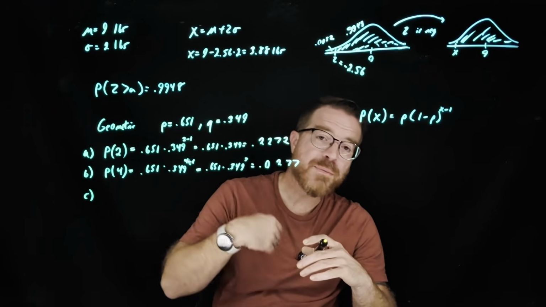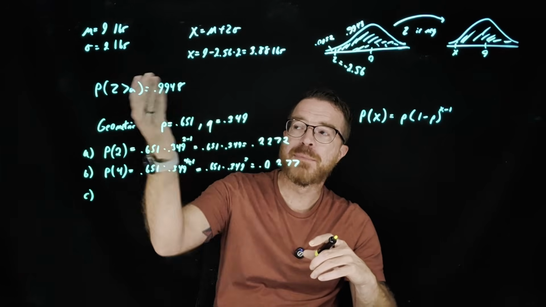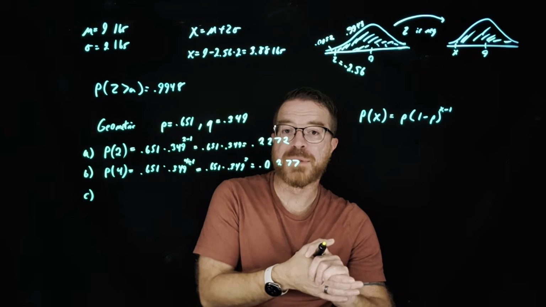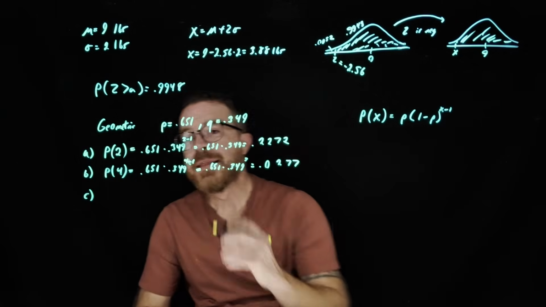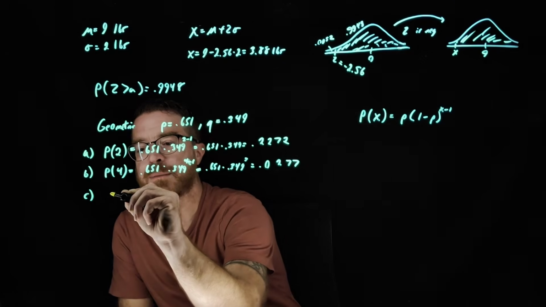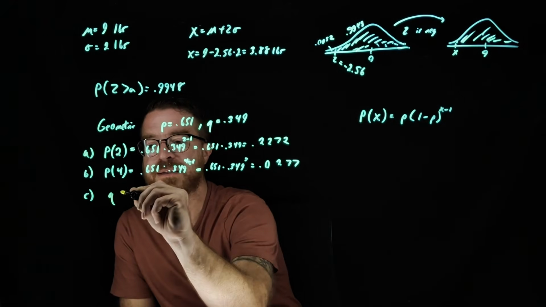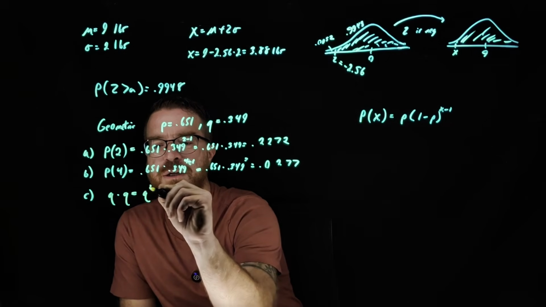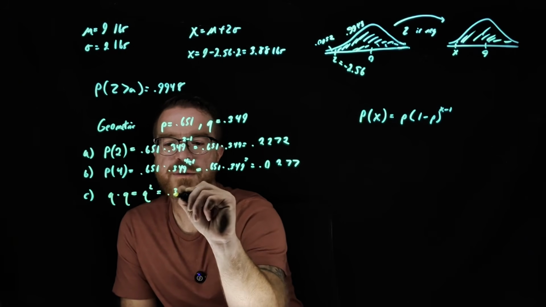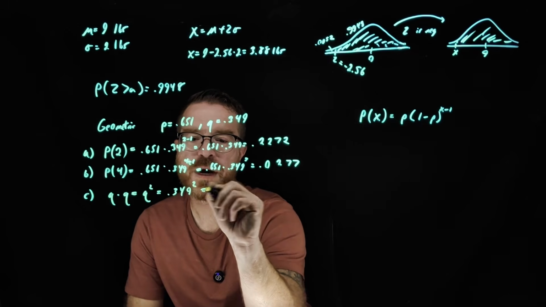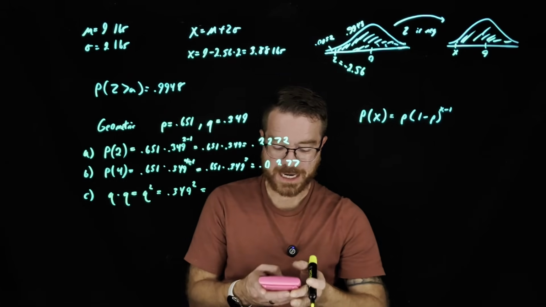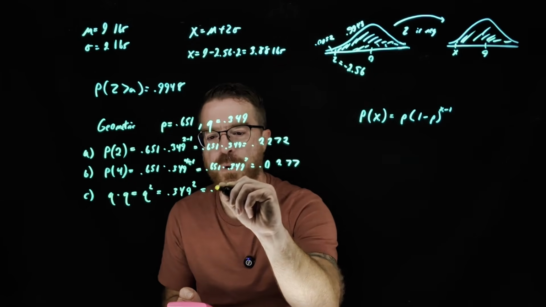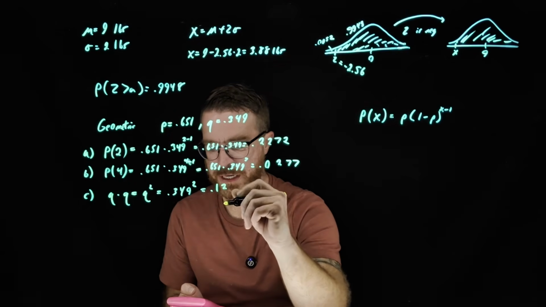So if I threw a pass and I didn't complete it at a probability of 0.349, and I threw a second pass and I didn't complete it at a probability of 0.349, the probability that would occur is the probability of failing to complete a pass times the probability of failing to complete a pass, which is just going to be q squared. So it'd be 0.349 squared. Plugging this into my calculator, I get 0.349 squared, which is equal to 0.1218.